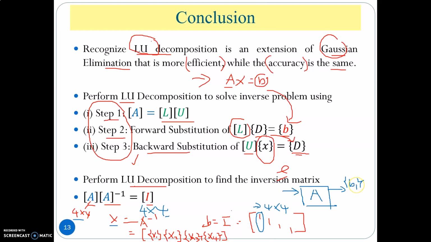Then from this 1, 0, 0, 0, we can obtain the solution for x1, which is the input at the first column. Then you can continue for your b2, b3, and b4. Repeat the same procedure to find your x2, x3, and x4. Then you can get the rest, and this is the answer for the A inversion.